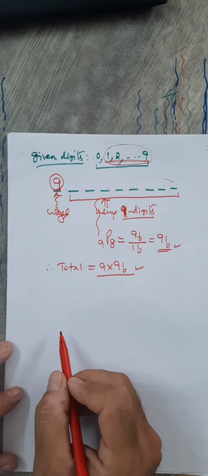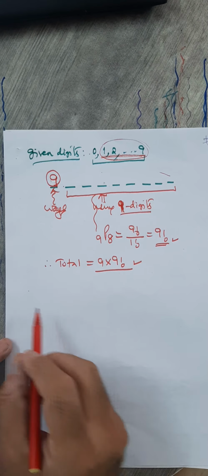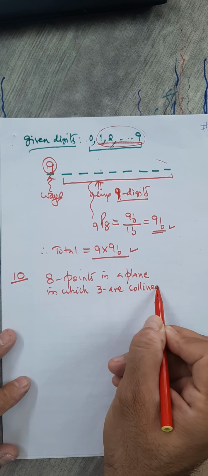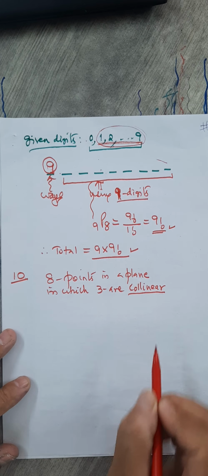Okay. Chalo, next question. Next, which number? Probably 10th. Previous one was 9. Okay, 10th question. There are 8 points in a plane, out of which 3 are collinear. 3 एक ही line पे, collinear means they are on the same line.